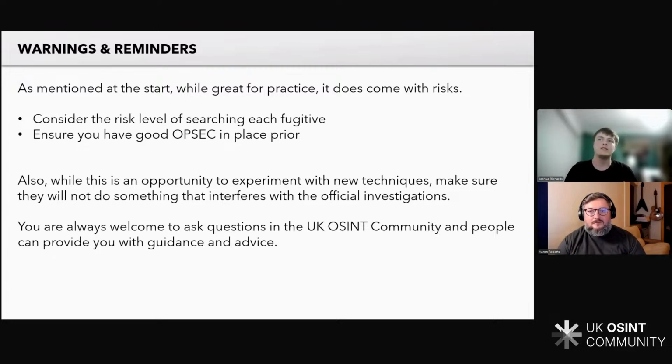So you need to consider the risk level of searching each fugitive. Are you searching someone who's like a mafia boss? Probably not a great idea. Or someone else who's lower level. Ensure that you have good OPSEC in place prior so that, if you are, for whatever reason, identified, they cannot really find where you are and identify your family, things like that.